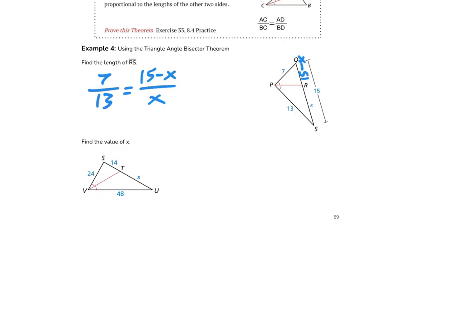No, because subtraction is not commutative, which means 7 minus 8 and 8 minus 7 give me two different answers. If I did addition with those two, that's okay. But order matters when we do subtraction. So 15 minus x is the way that has to be written. And once again, as we've talked about, because it has a minus sign in it, we've got to put parentheses around it. Okay, extremely important.